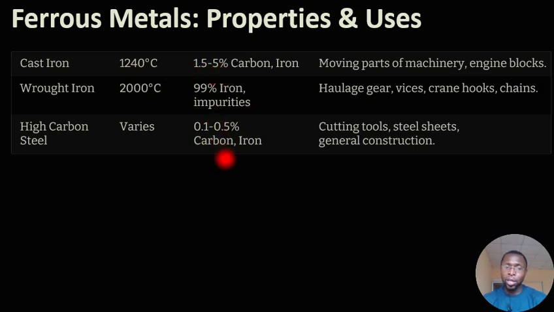For high carbon steel, it has a lower content of carbon in it. And we use this high carbon steel in making cutting tools, steel sheet, and general construction. All right. So these are the various properties and uses of ferrous metals.